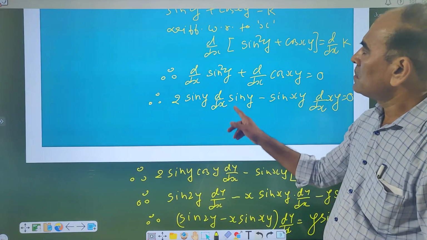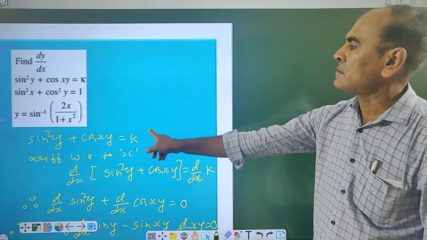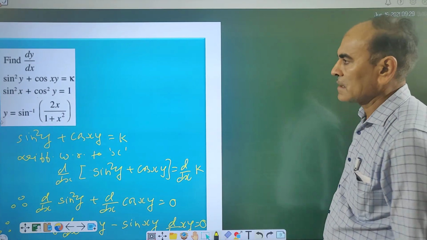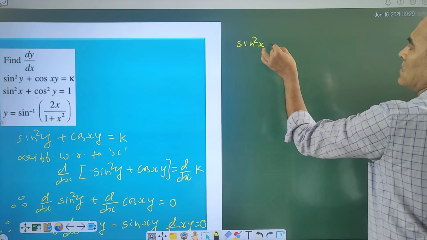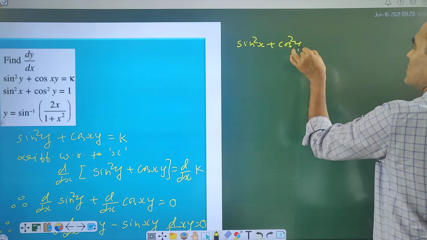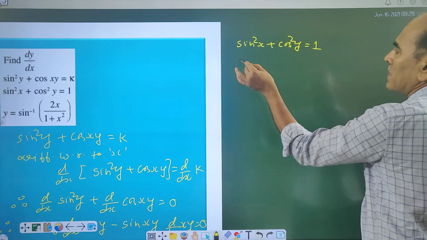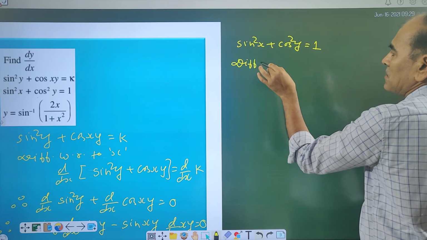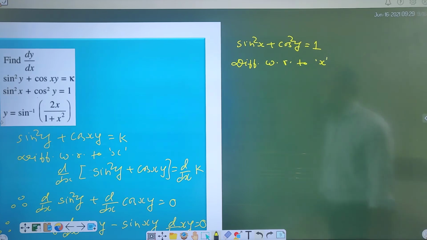Next, what is given to us? Sine square x plus cos square y is equal to 1. Differentiate with respect to x on both sides.